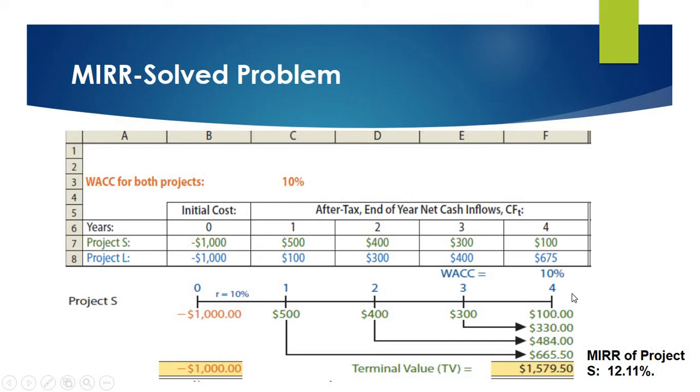So the sum of all these future values is 1579.50. This is the terminal value. So the terminal value is the sum of all future values. The terminal value of this project is 1579.50, and the initial investment is $1,000. So the present value of the cost of this project is $1,000.